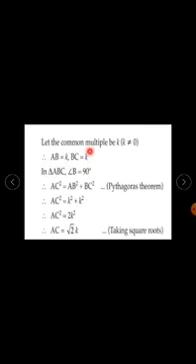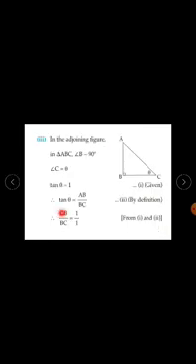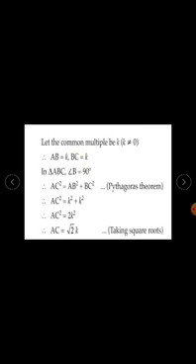Now from equations 1 and 2, AB upon BC equals 1 upon 1. Let the common multiple be k, where k is not equal to 0. So AB equals k and BC equals k. In triangle ABC, angle B is 90 degrees, so it is a right angle triangle and we can use the Pythagoras theorem.